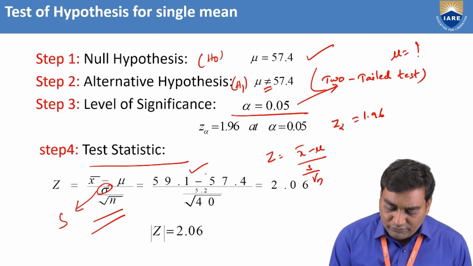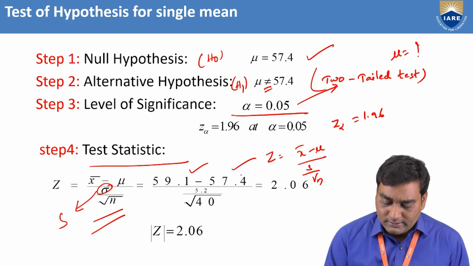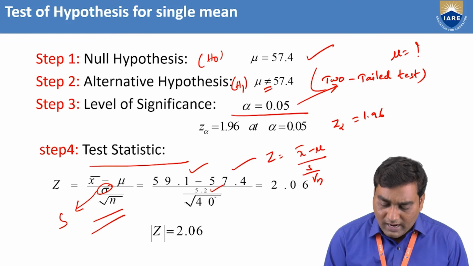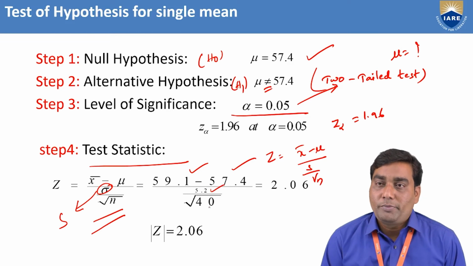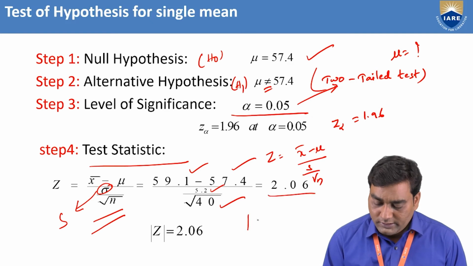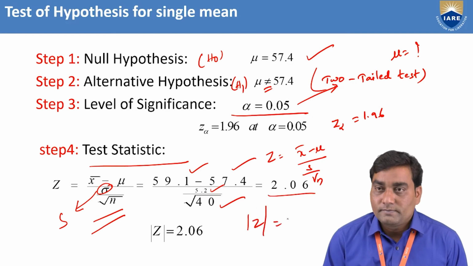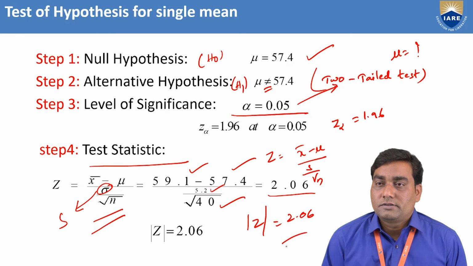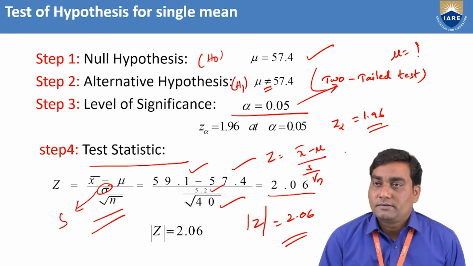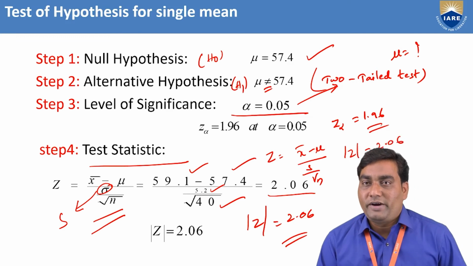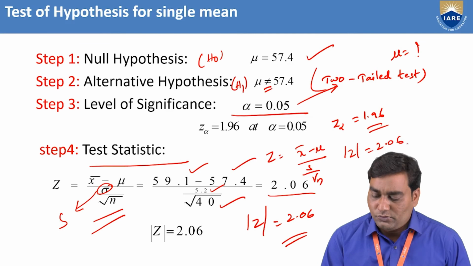So x bar 59.41, mu 57.4, and standard deviation of the sample 5.2 by root n, sample size 40. Mod z is 2.06. And z alpha is 1.96. In step 5, conclusion, we compare these two values.